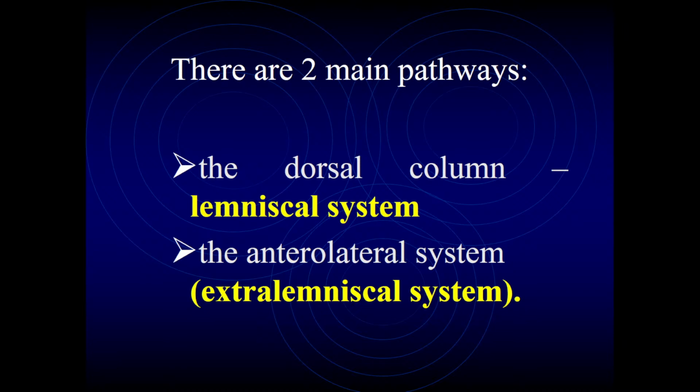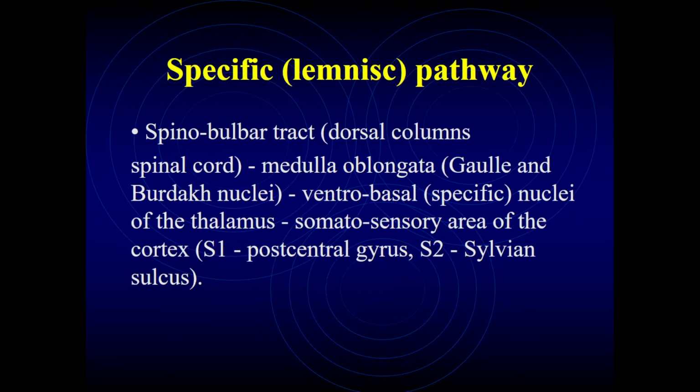The specific lemniscal pathway includes the spinobulbar tract in the dorsal columns of the spinal cord, and then impulses are sent to the medulla oblongata, Goll and Burdach nuclei of the medulla oblongata, then to the ventrobasal nuclei of the thalamus, or ventrobasal complex of the thalamus.